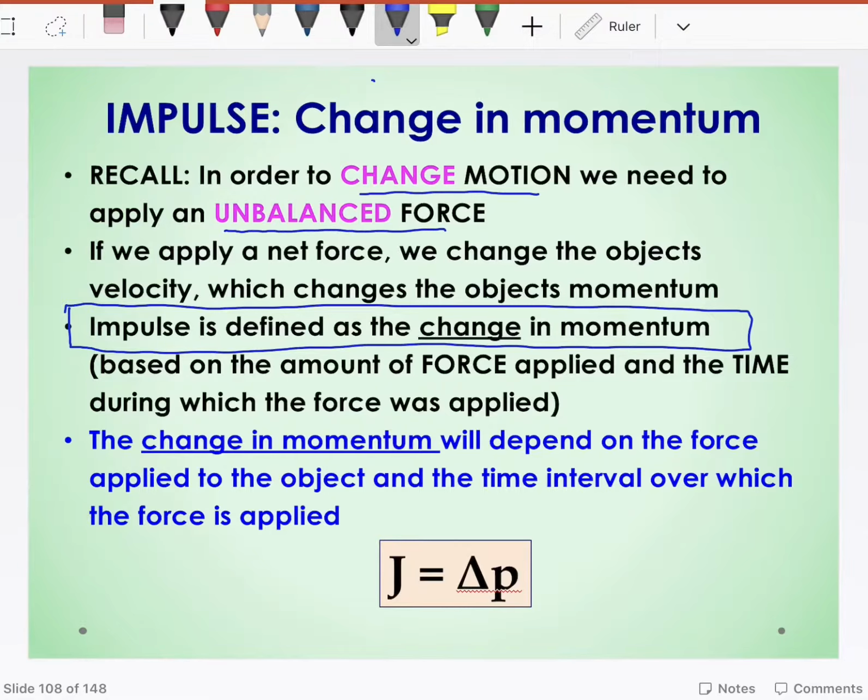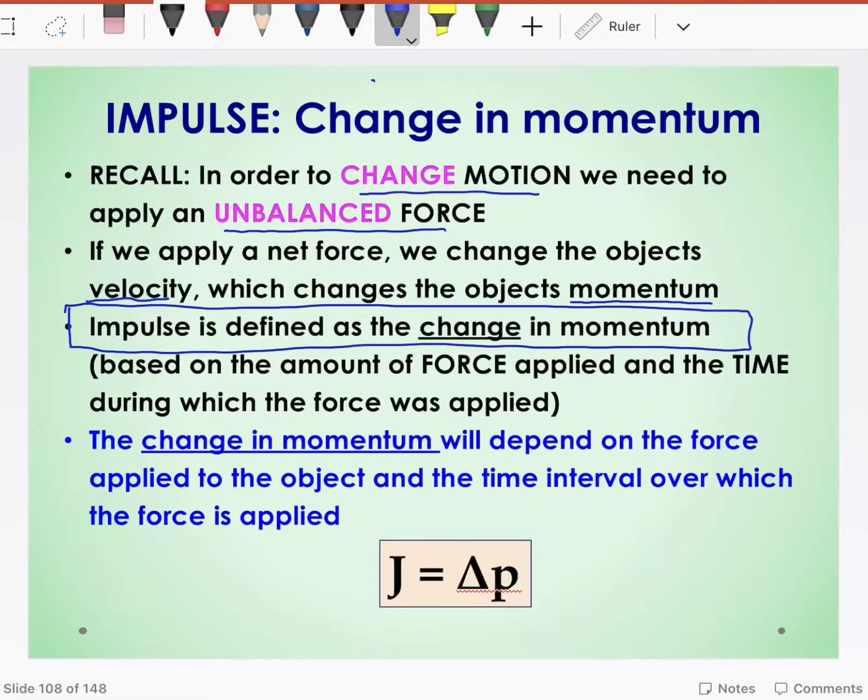When we apply that unbalanced force, we are changing the velocity of the object. And when we change the velocity of any object that has mass, we are changing the object's momentum. So we have many things coming together here: force, velocity, and momentum are all closely related.